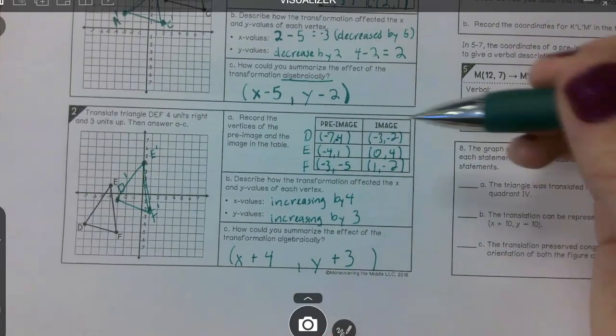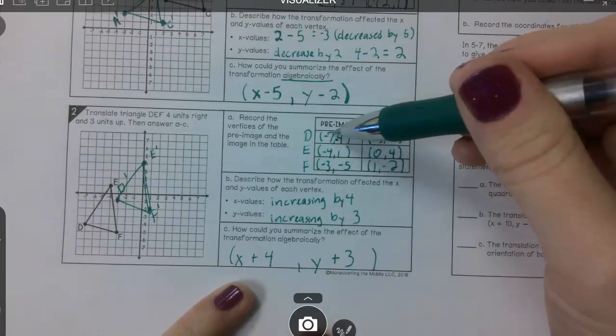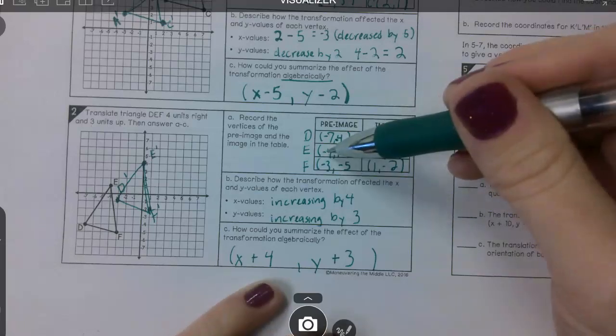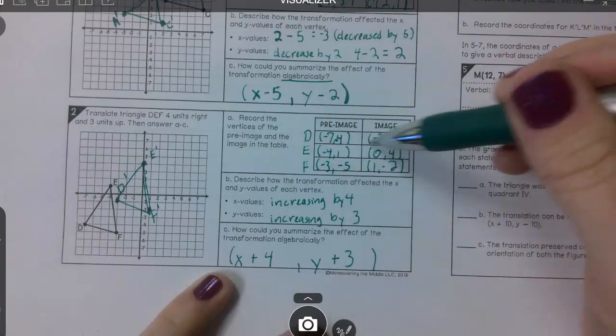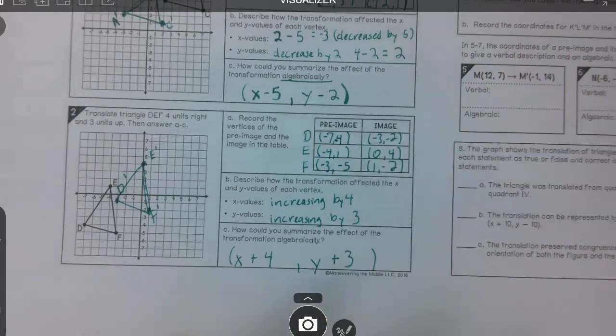And you can see that if you look at the coordinates. So all of my X values, -7 plus 4 is -3. -4 plus 4 is 0. -3 plus 4 is 1. So all of these rules are working. I love it. Okay, let's keep going.